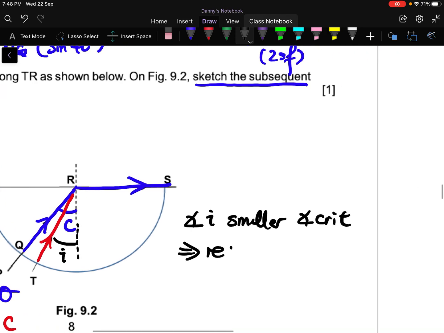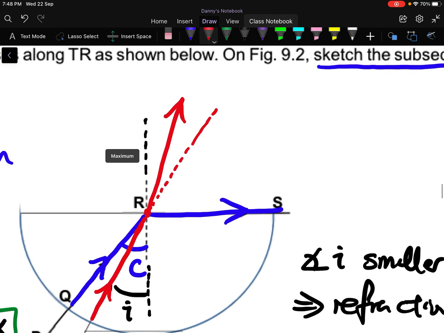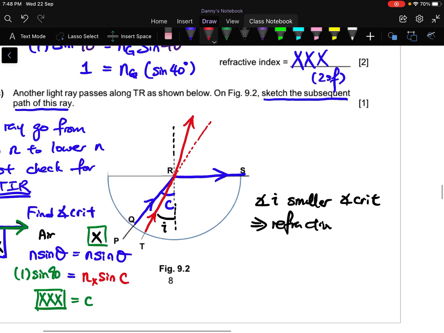So when this happens, basically you will get refraction. So your red color ray will go out and it will bend towards the normal. So it will bend this way. As long as it is towards the normal, you will get the mark.